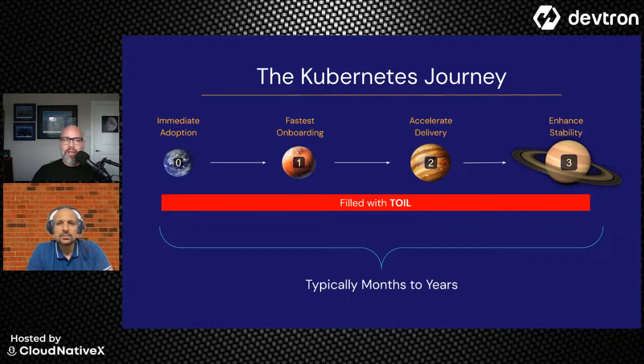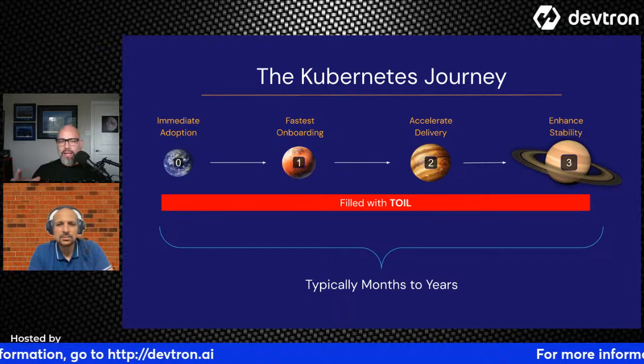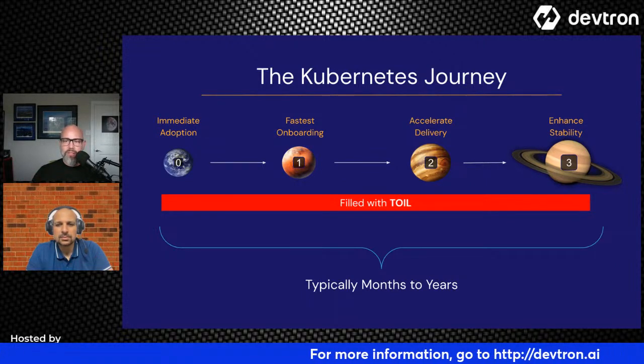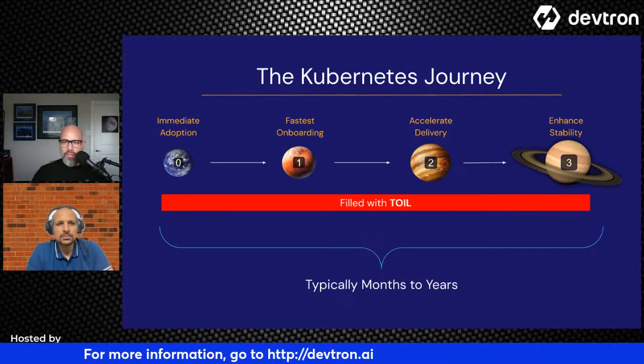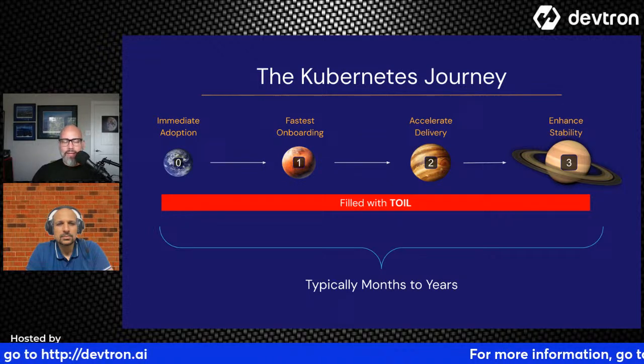And then on the far right, we've got enhancing stability, where companies are really looking at things like advanced deployment patterns like canary deployments, blue-green deployments, making sure their resources have enough, making sure that their nodes have enough resources so that these applications are stable.